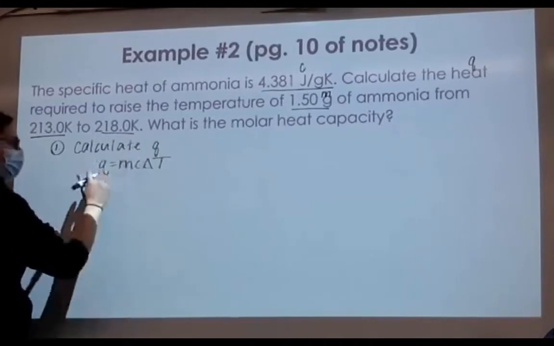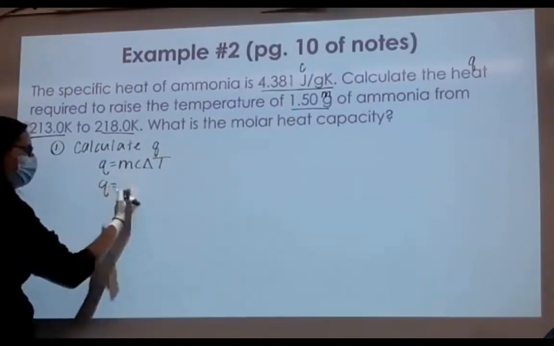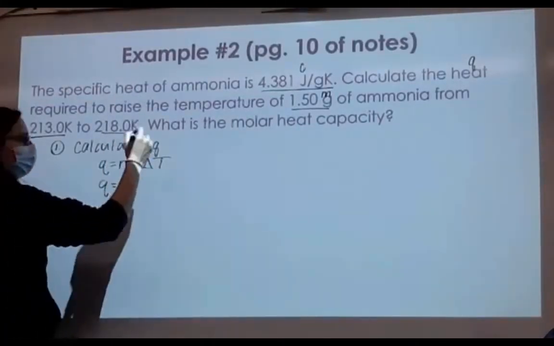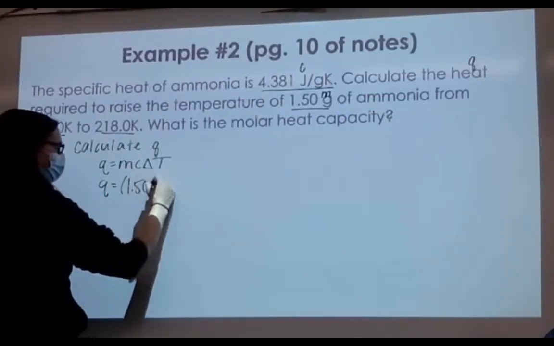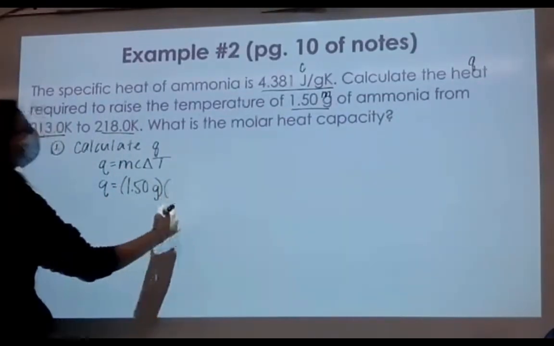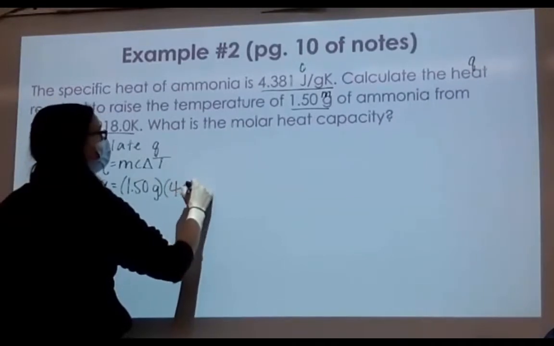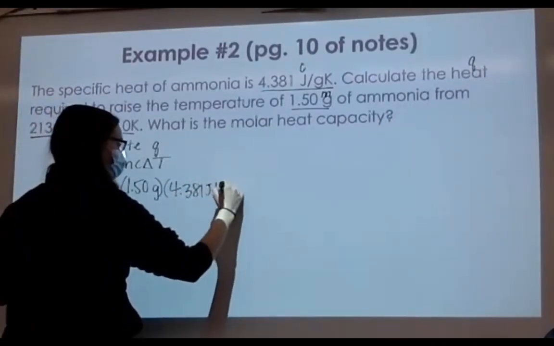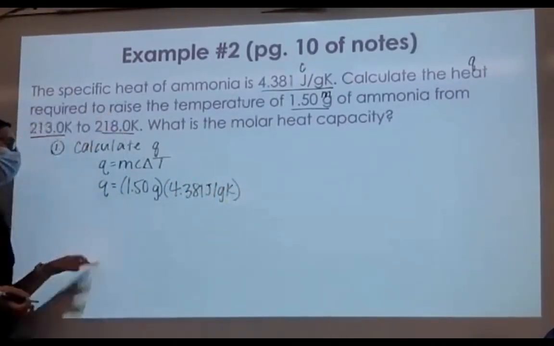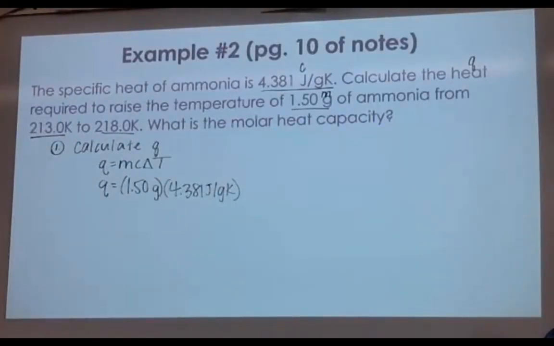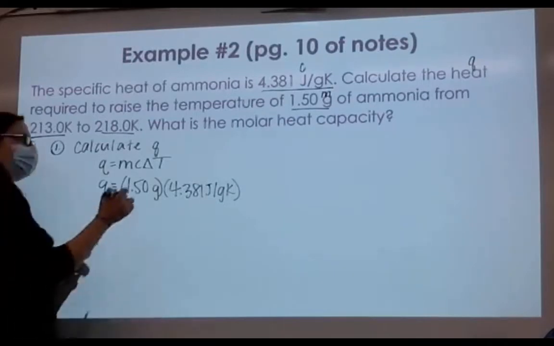So I'm solving for Q. That's my variable. I'm going to leave that alone. The mass of ammonia, 1.50 grams. Specific heat, 4.381 joules per gram Kelvin. And then delta T. How do you always calculate delta T?